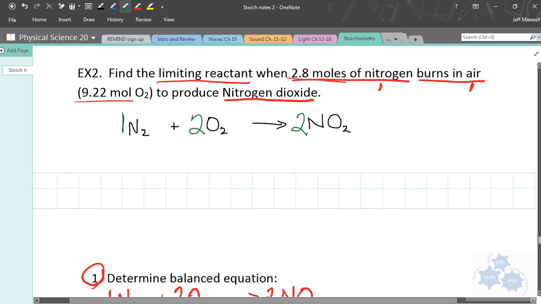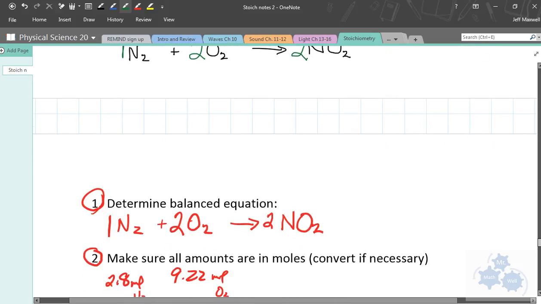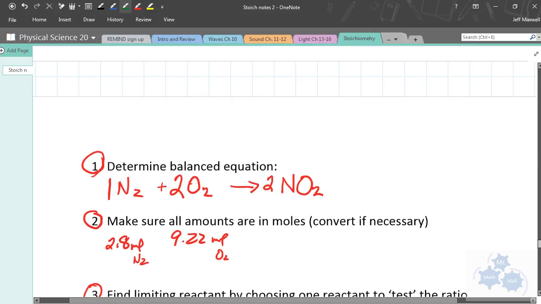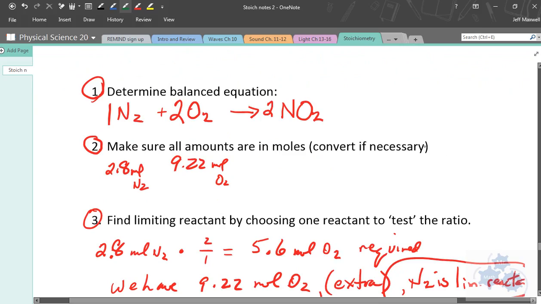Okay, now the steps, I'm just going to skip down to the steps here now. Step number 1 says determine the balanced equation, so that's what we did. Number 2, make sure all amounts that you're given are in moles.